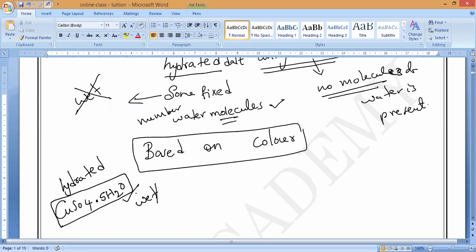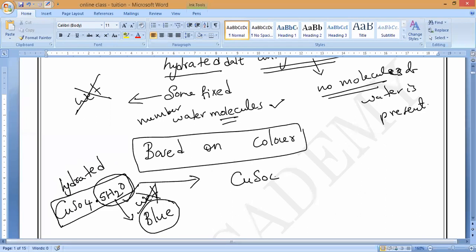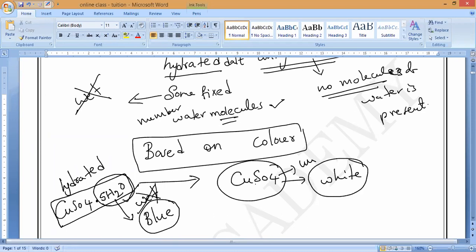It is dry, but it contains 5 water molecules, and the color is blue. Now, if I start heating and remove this water, we get unhydrated copper sulfate, and the color is white. You should remember this is unhydrated.